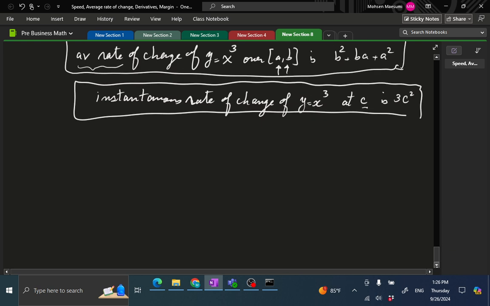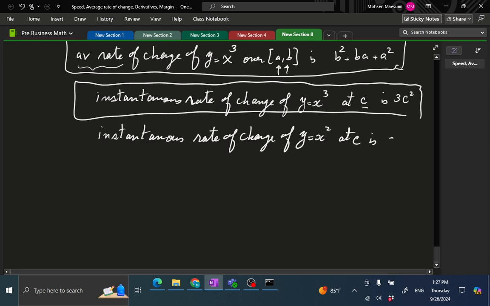Let me write both of them in the same panel so that you can compare. Instantaneous rate of change of y equal to x squared at C is 2C.